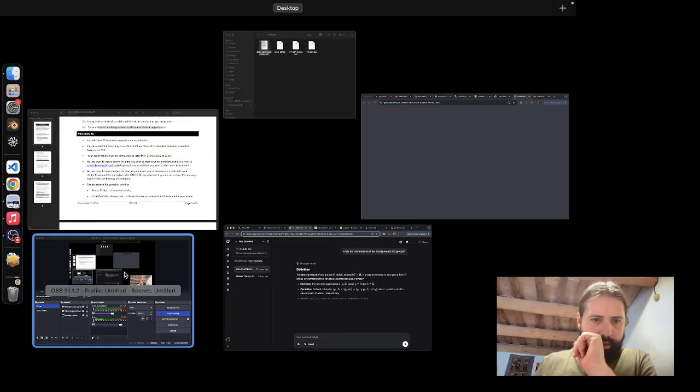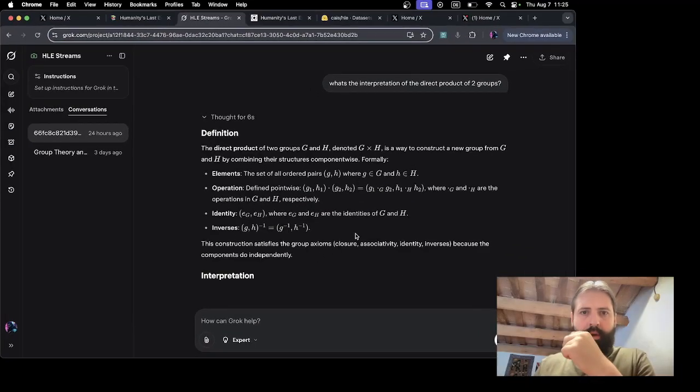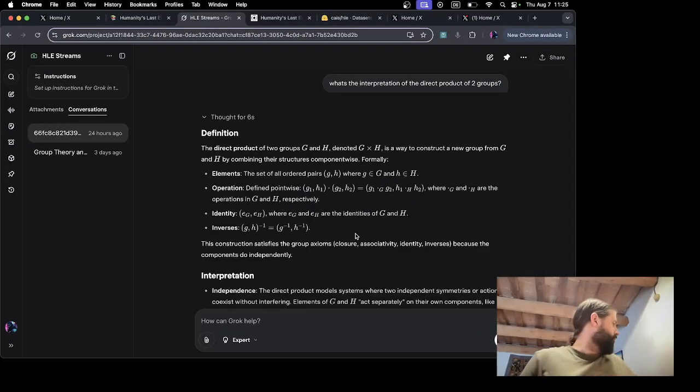The direct product of two groups is a way to construct a new group by combining their structures component-wise.